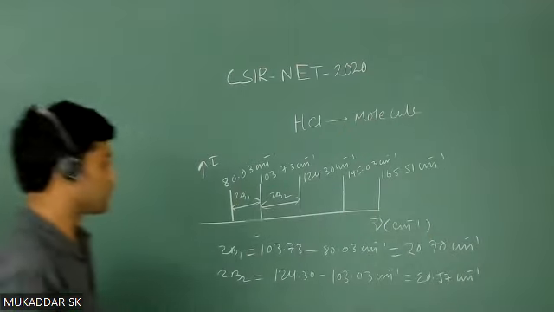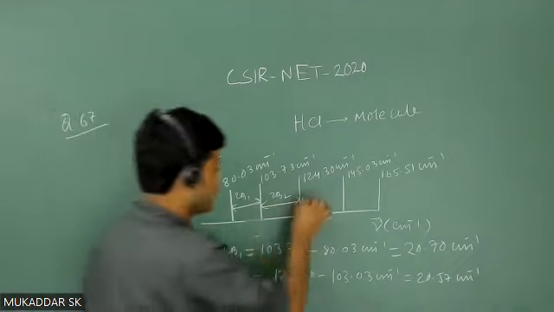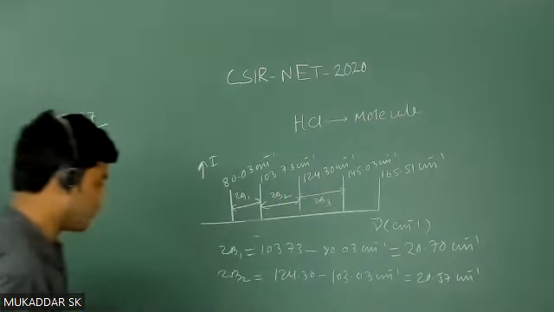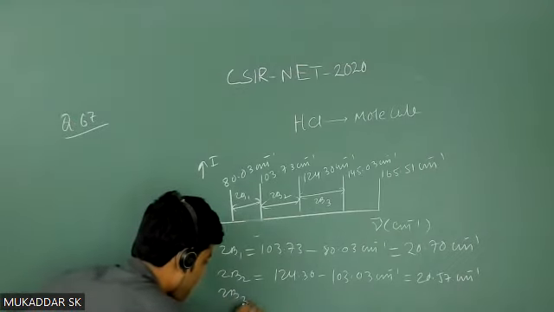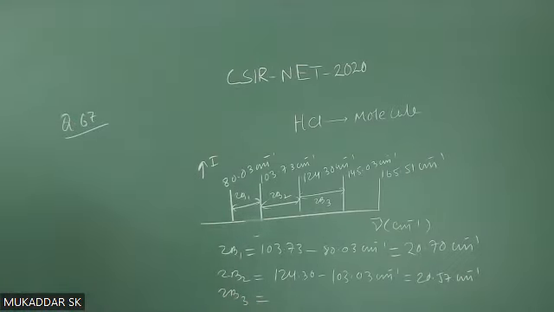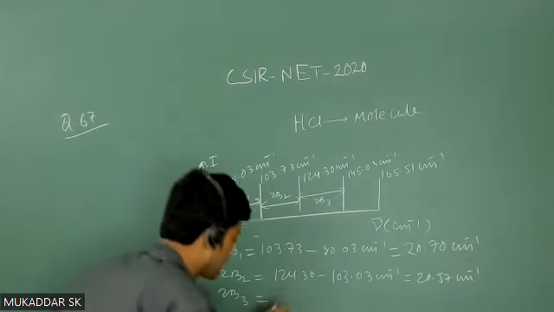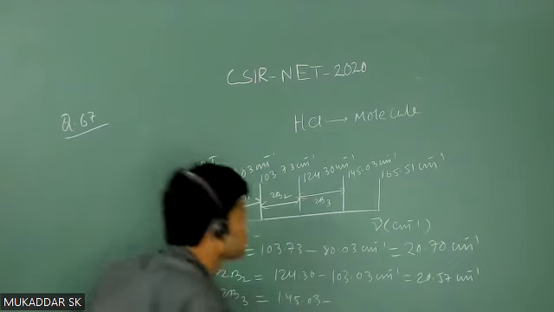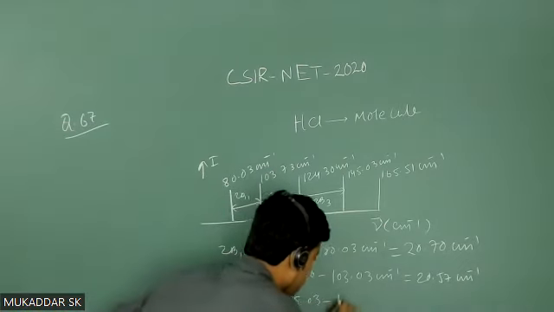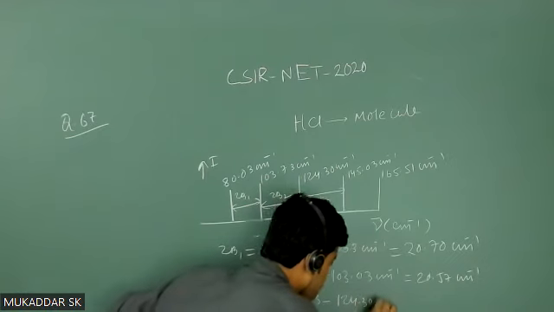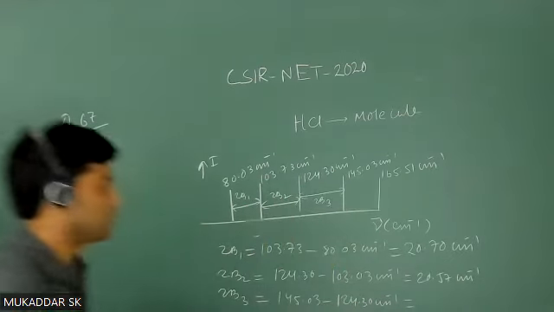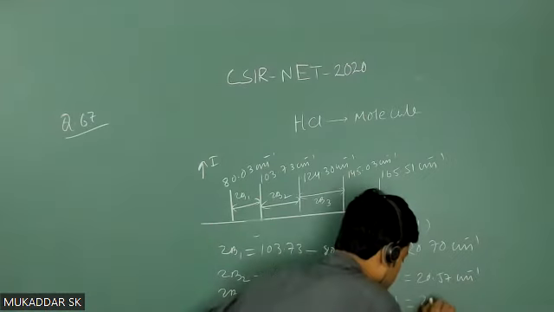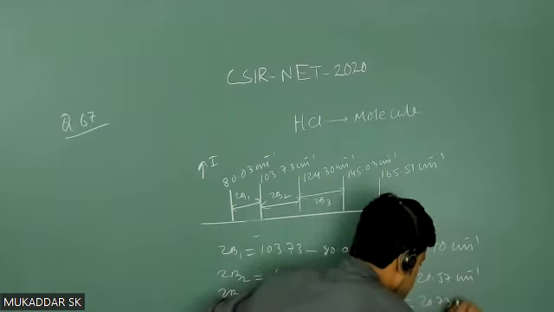Okay, similarly, if you calculate this separation, denoted 2B3, that will be the position of this line, 145.03, minus 124.30 centimeter inverse. If you compute this value, you'll have 20.73 centimeter inverse.